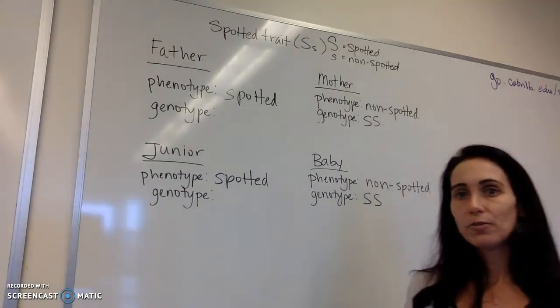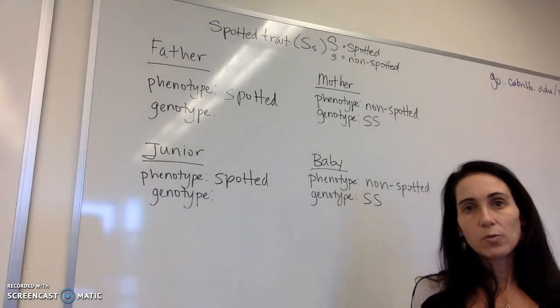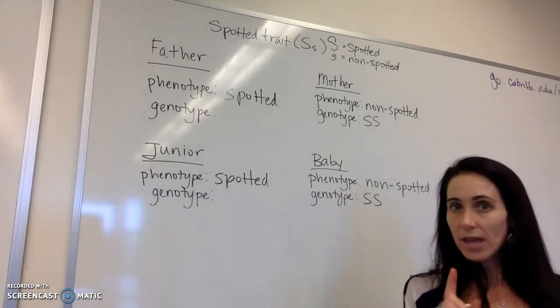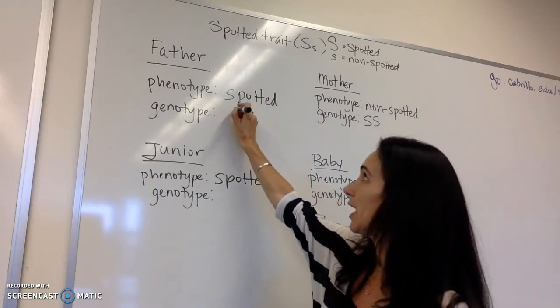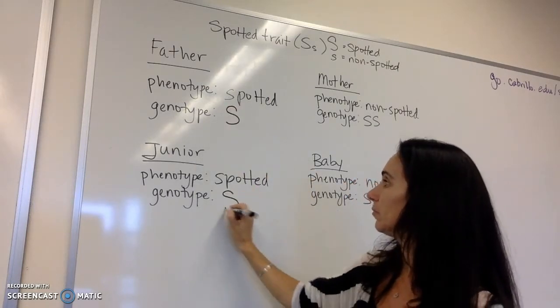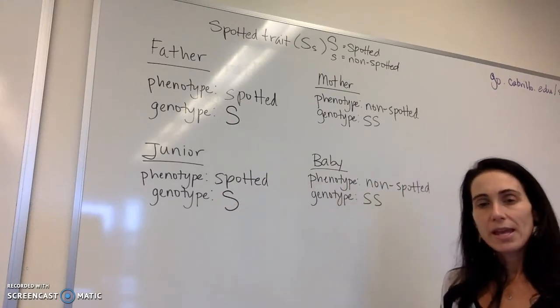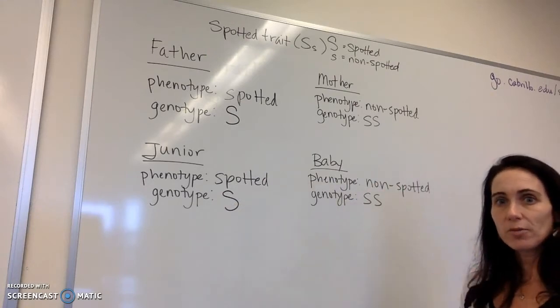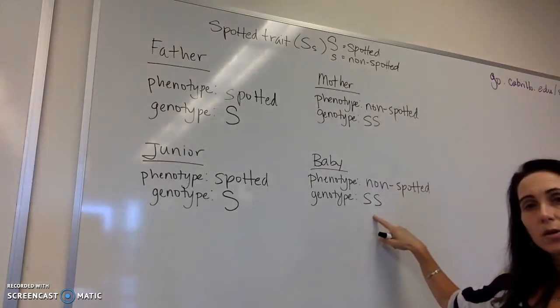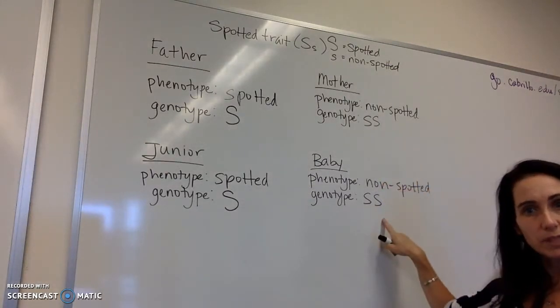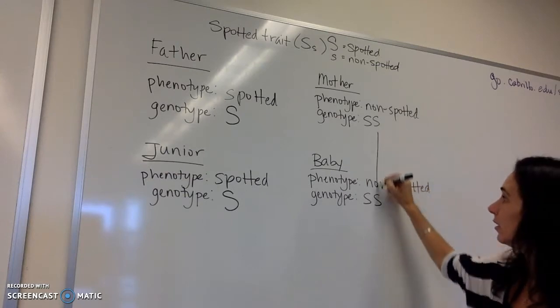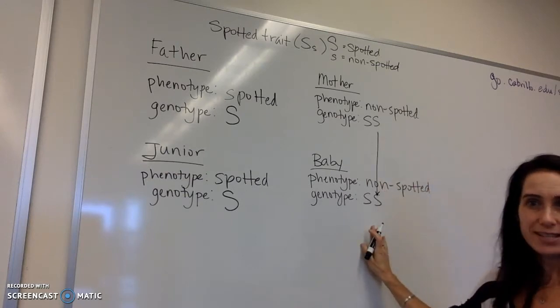Okay, now for father and Junior. Well, we know they're both spotted, so they have to have at least 1 dominant allele. So we'll start with that. Okay. And now this is where we have to look at this intergenerational data. We know that baby got 1 of his recessive alleles from his mother, but where did the other recessive allele come from?